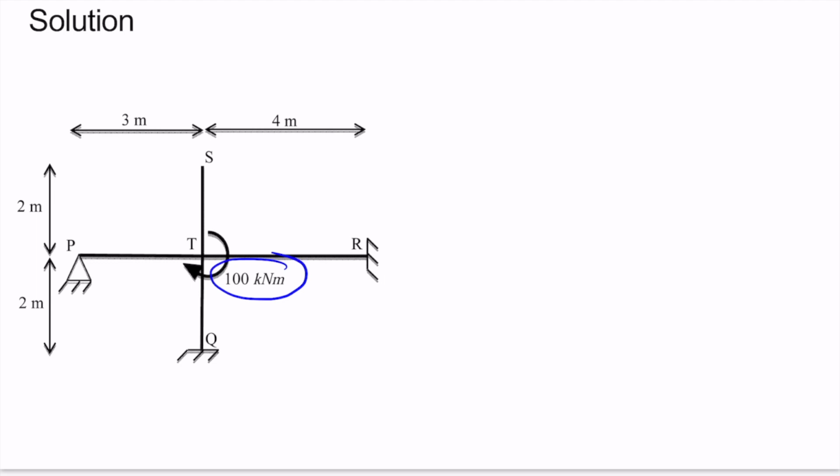So how do we define the distribution factors? Distribution factor is defined as stiffness of that particular member divided by the total stiffness at the joint.